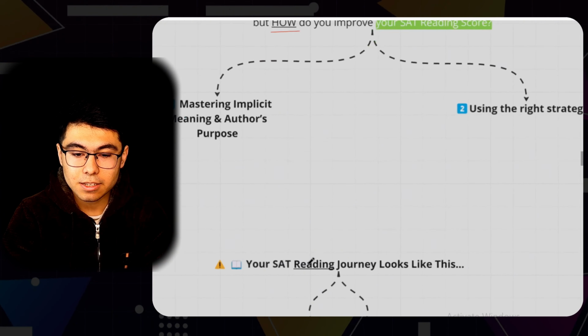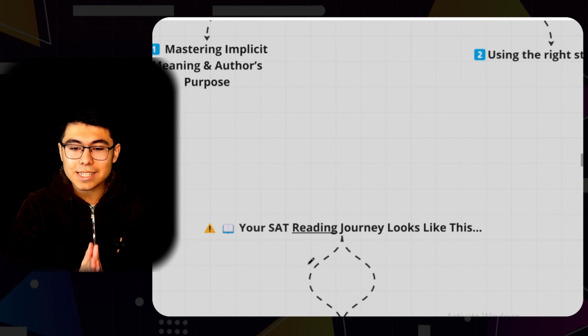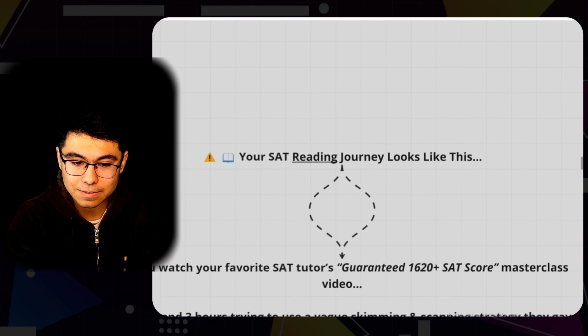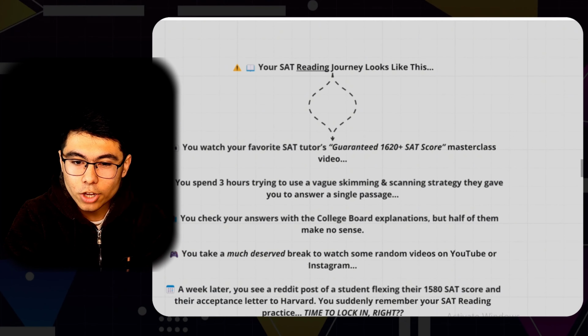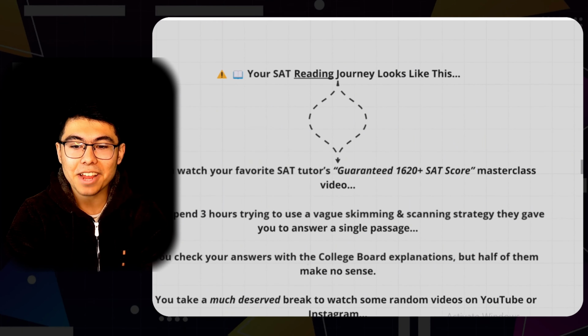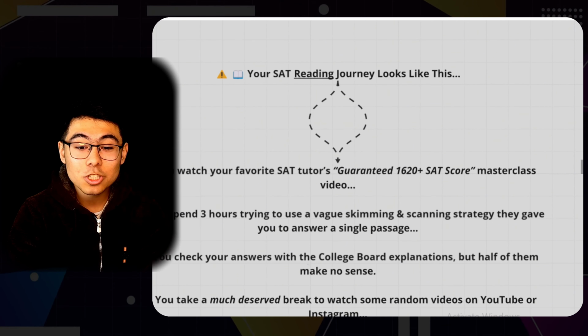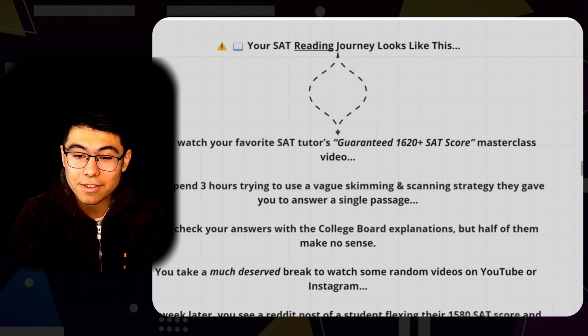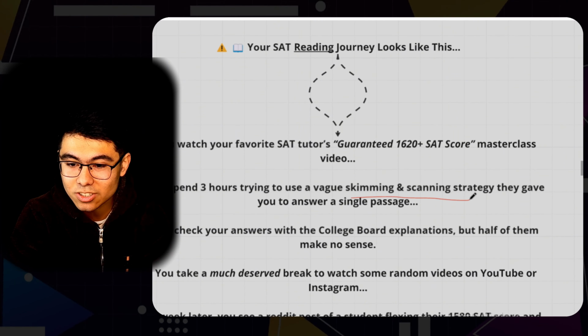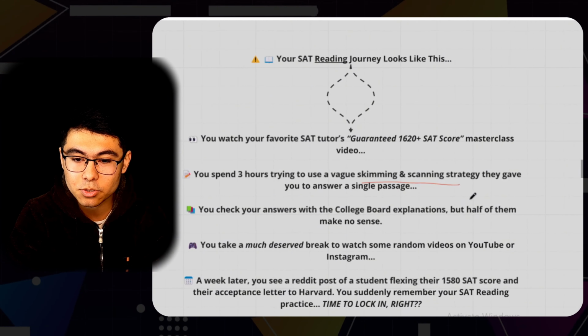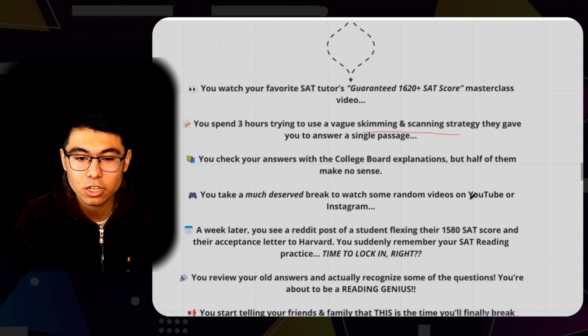But firstly, let me tell you, your SAT reading journey looks like this. You watch your favorite SAT tutor's guaranteed 1620 plus SAT score masterclass video. You spend 3 hours trying to use a vague skimming and scanning strategy that they gave you to answer a single passage.